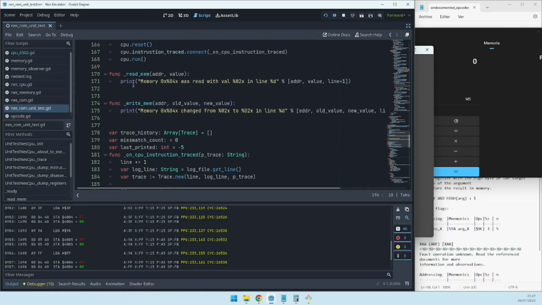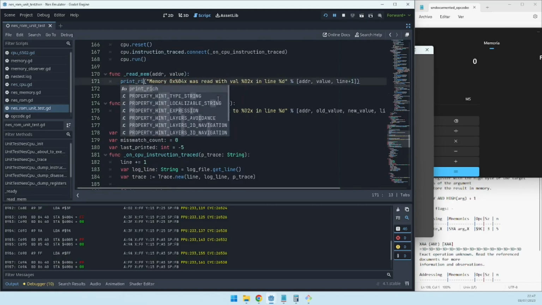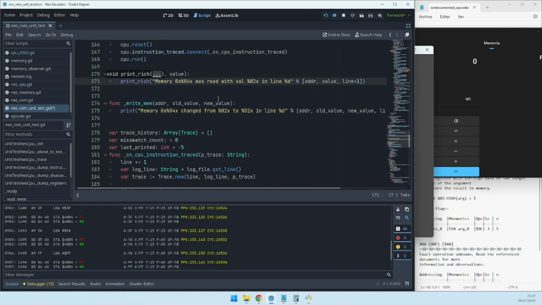And what is the print? It's just print rich, and we can now use a color, orange. Color. So it's also strange because that memory is ROM memory.